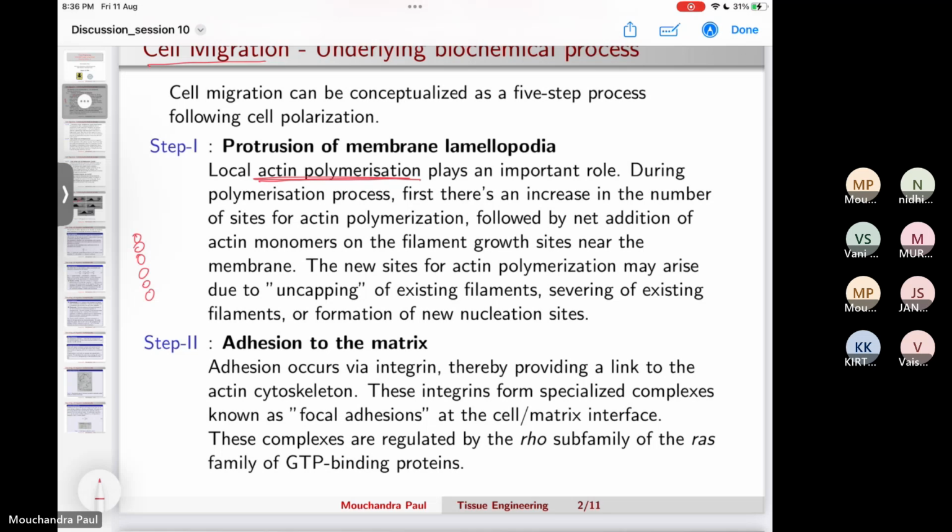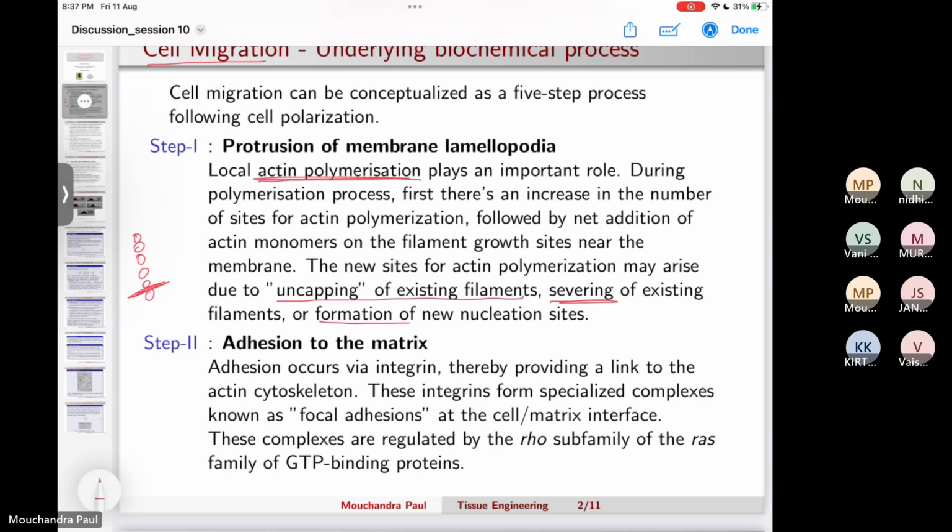Now these sites can arise either due to uncapping of existing filaments. If this is a chain, uncapping means a few monomers have been taken out, so a new site has been generated. Or through severing, where you cut the pearl chain and open it, like a garland, in order to add a few more beads.